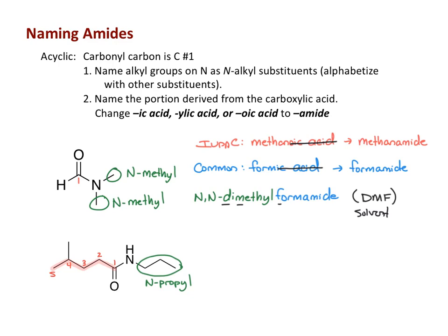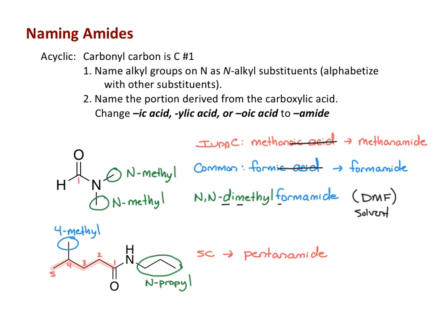If we do the IUPAC name for this, that comes from pentanoic acid. We're going to drop the oic acid. That becomes pentanamide. The other substituent that we have here is a 4-methyl.